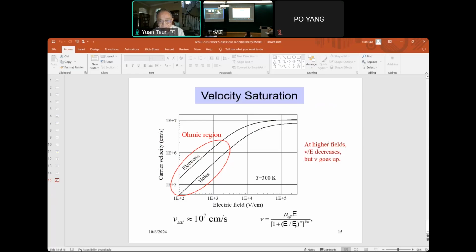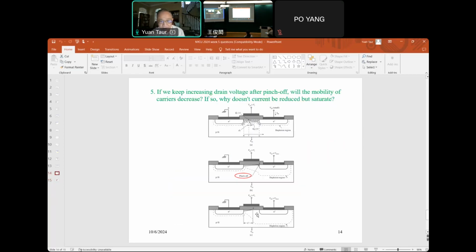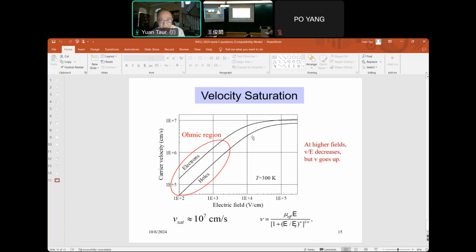So at high field in the saturation, in the pinch off region, beyond pinch off, even though the ratio of V over E goes down, V is still going up. You can see that the slope is suffering because of velocity saturation, but the velocity is still going up.